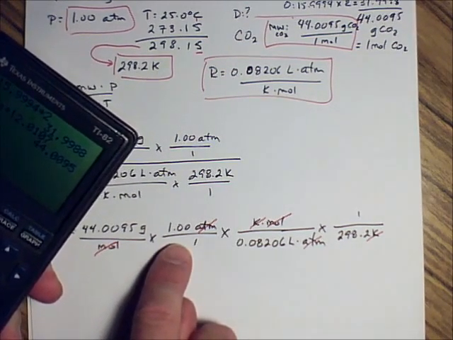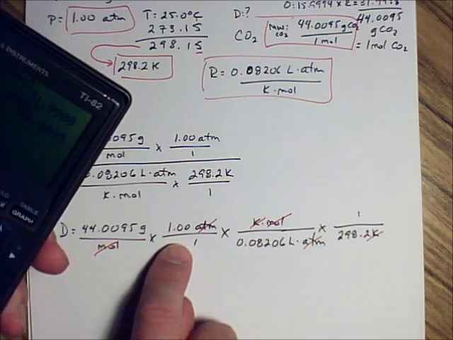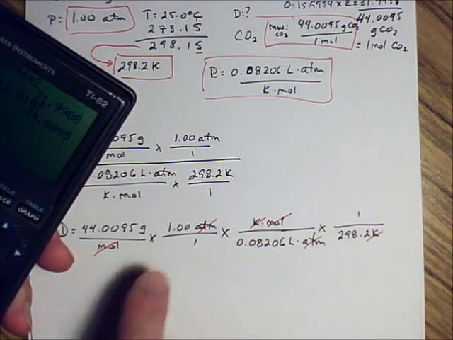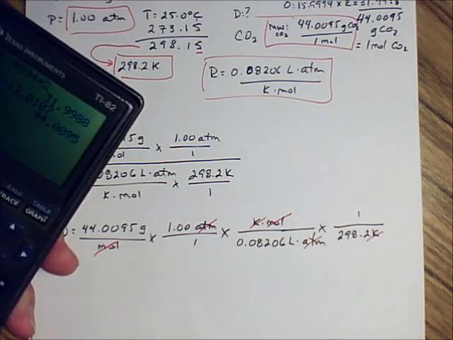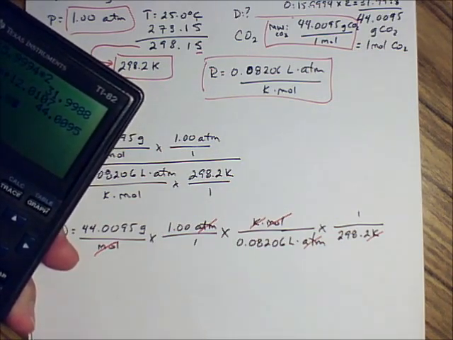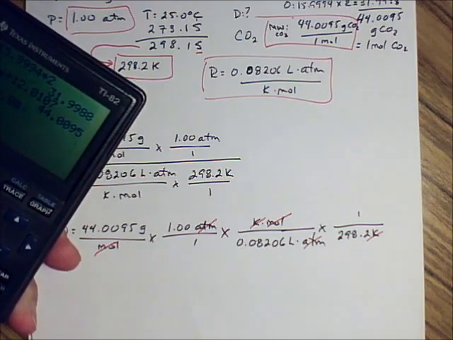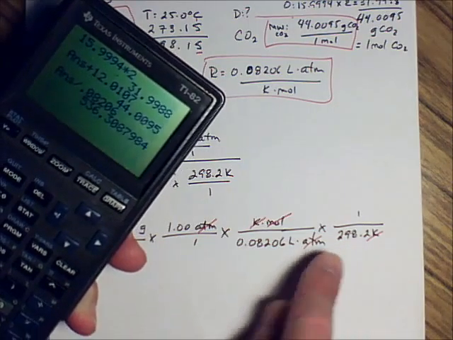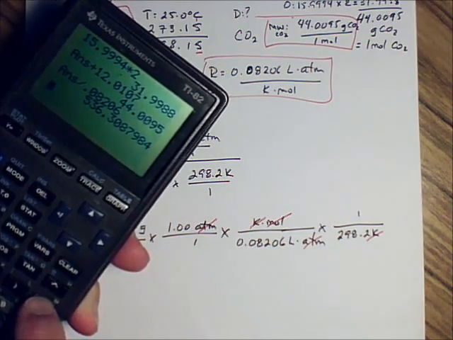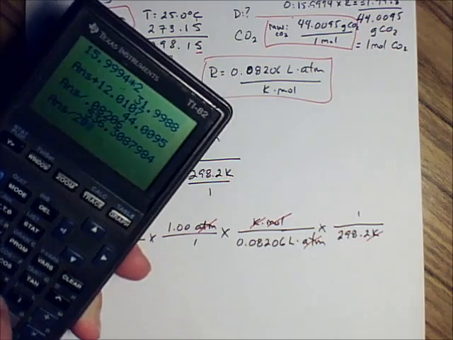44.0095 times 1. Well, I don't have to multiply by 1, do I? Because it gives you the same number. Well, you can do it by 1 if you want to, but it's going to give you the same number. So divided by 0.08206, I'm going to hit enter, and then I'm going to divide by this number as a separate operation, 298.2.